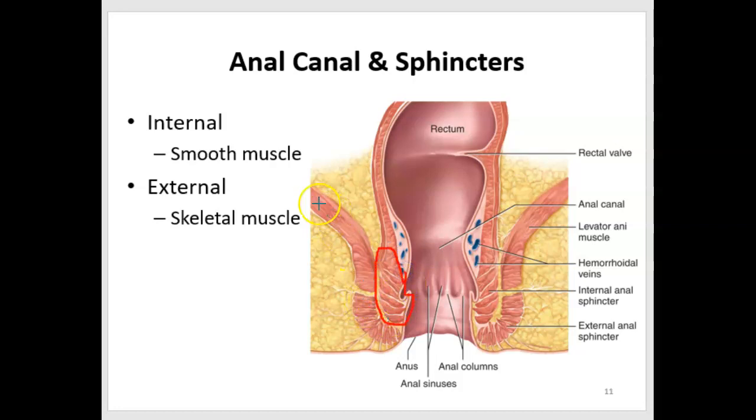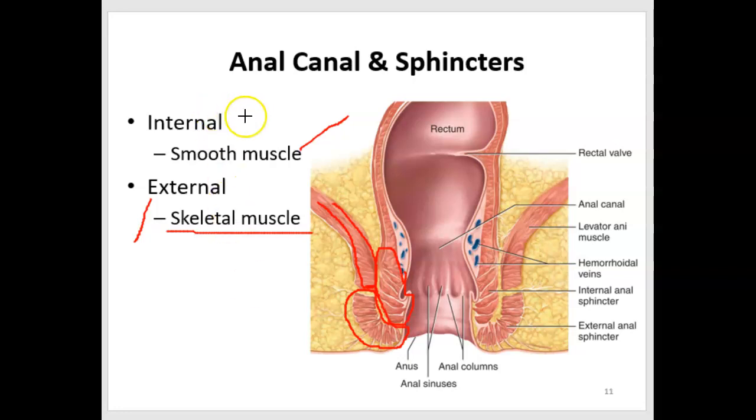But down here at the anus, instead of having smooth muscle like you would see for the rest of the digestive tract, you have skeletal muscle. So what that tells you is that the smooth muscle cannot be consciously controlled. That sphincter cannot be controlled. But the external sphincter, composed of skeletal muscle, can be voluntarily controlled.